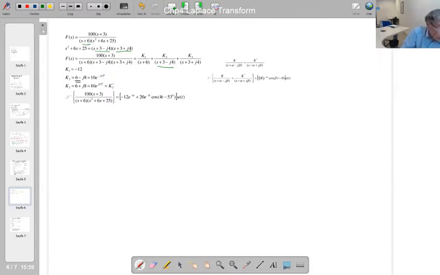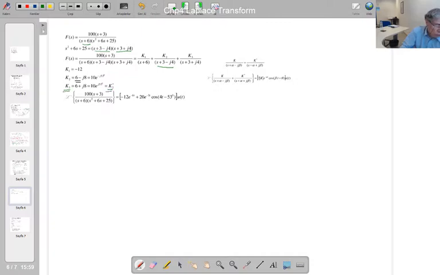So this residue is also in general a complex number. On the other hand, for the next fraction here, you do not need to calculate this K3 for this complex conjugate root, because it can be mathematically proved that K3 is the complex conjugate of K2. So if you find K2, then you can find K3 as well, as shown here.